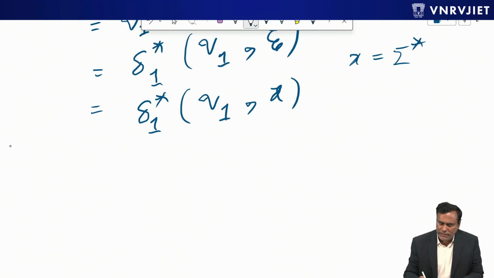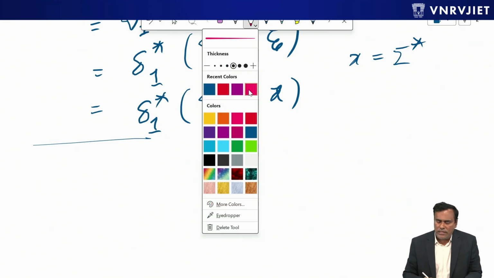In a similar fashion, we can also prove that delta 2 star of Q2 XA is equal to delta 1 star of Q1 XA.